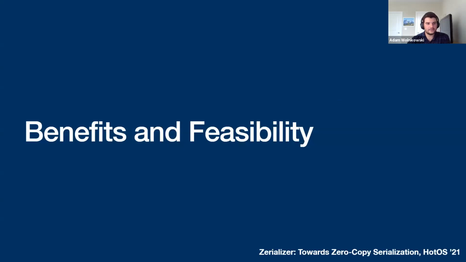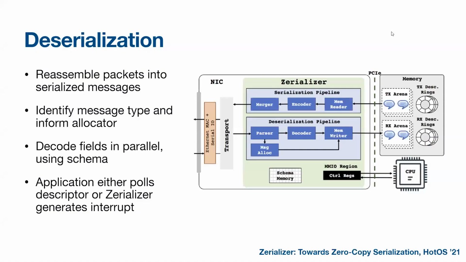Maybe any questions on the design? If not, I'll... Oh, sure. Sorry. So what kind of application are you assuming to use? Right now I can only see you are doing zero-copy serialization, but eventually you want to achieve zero-copy as well, right?